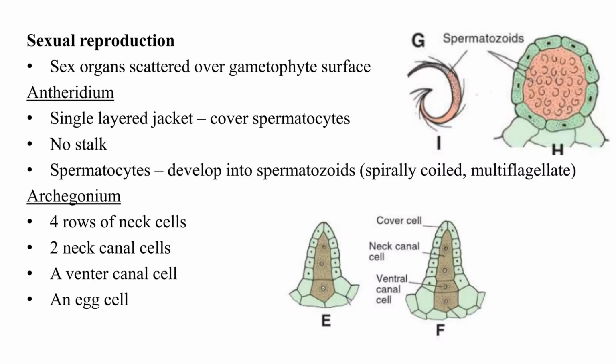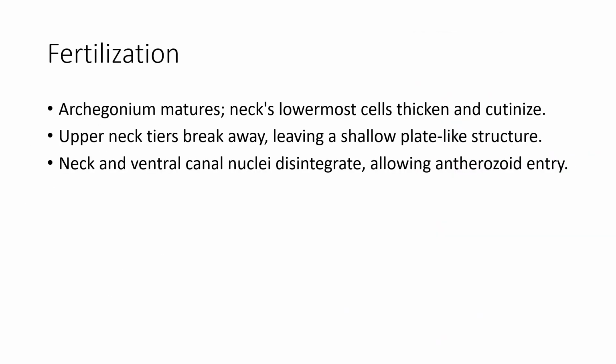In the archegonium, the cover cell gets dissolved, and the spermatozoid swims inside through the ventral canal cell and reaches the egg cell and fertilizes the egg. After the spermatozoid fuses with the egg cell, it fertilizes.